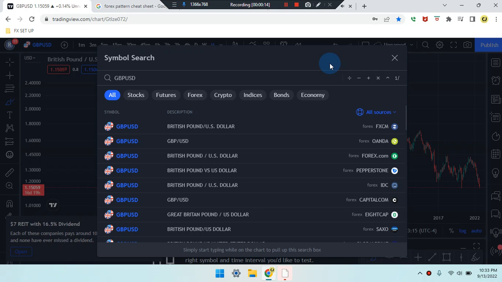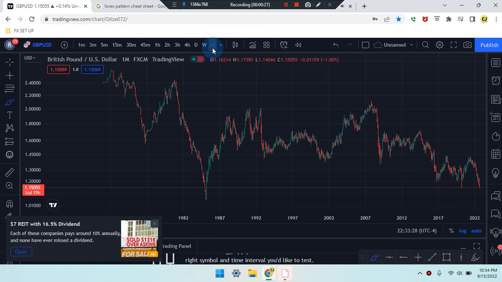Okay, everyone, this is Cam Jones, FX Daily Analysis, and we are marking up GBP/USD. We are on a monthly time frame. Price action, last candle to the right hand side looks like a bearish red candle.